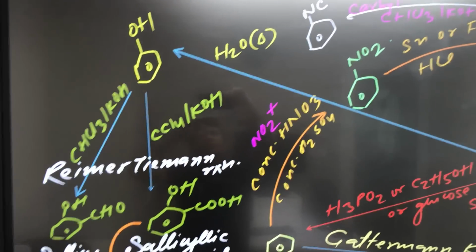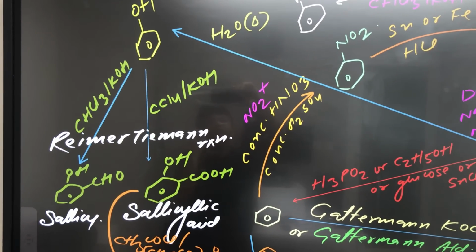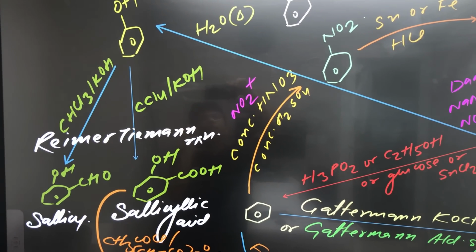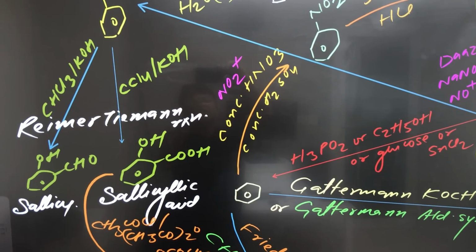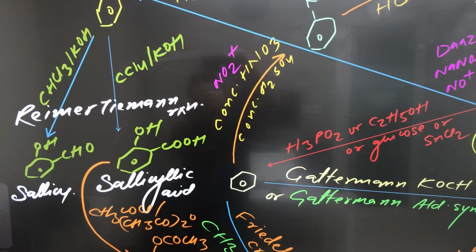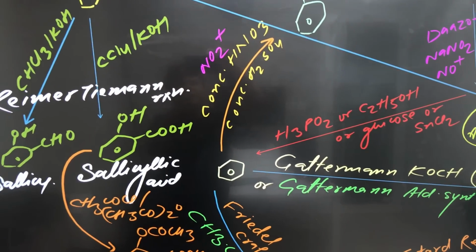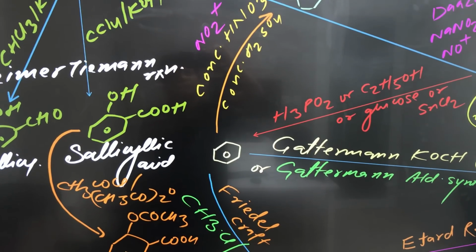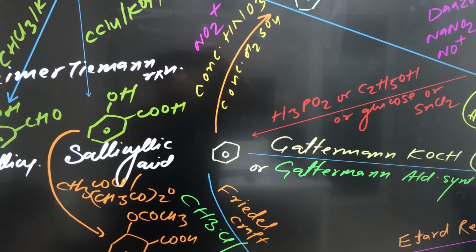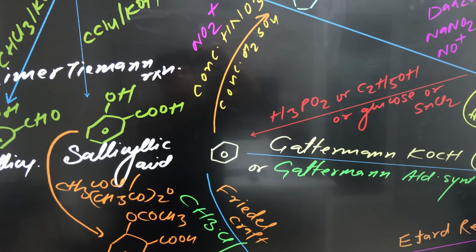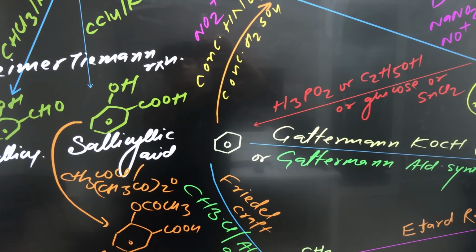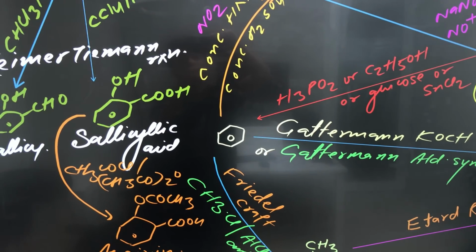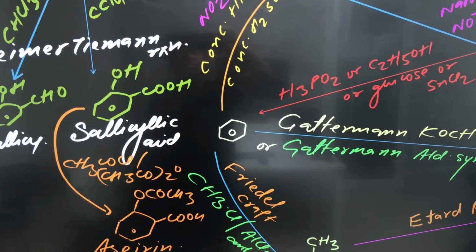If you are using chloroform and KOH, you will get salicylaldehyde, and if you are using CCl4 and KOH, you will get salicylic acid. Both of them are examples of the Reimer-Tiemann reaction. Although you will get some para product, that should be the minor one, because in ortho there is intramolecular hydrogen bonding, and due to chelate formation this compound is more stable.